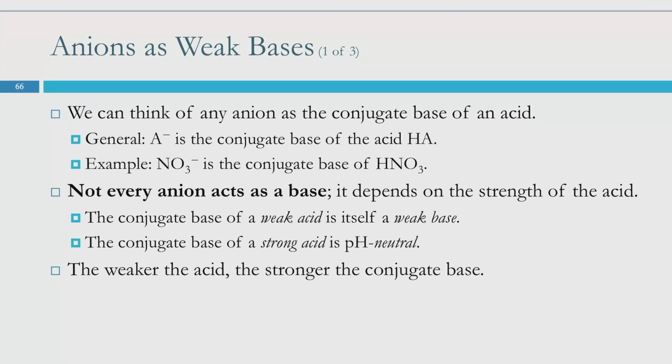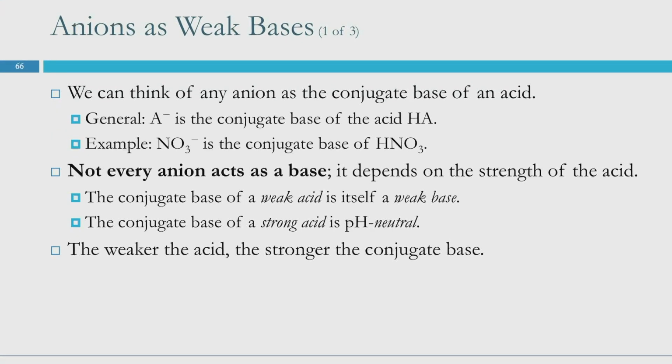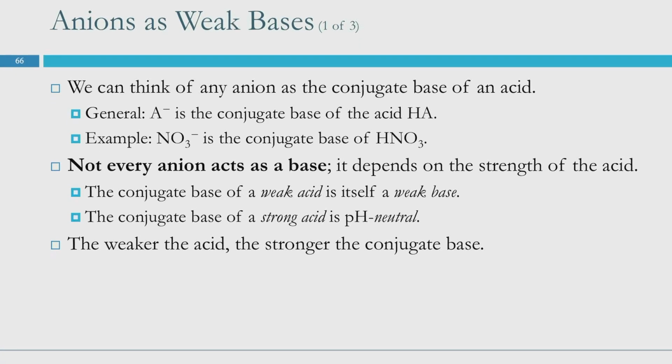We can think of any ion as the conjugate base of an acid, as long as we can come up with an acid, of course, that goes along with that anion. Generally, A minus is going to be our conjugate base of the acid HA.